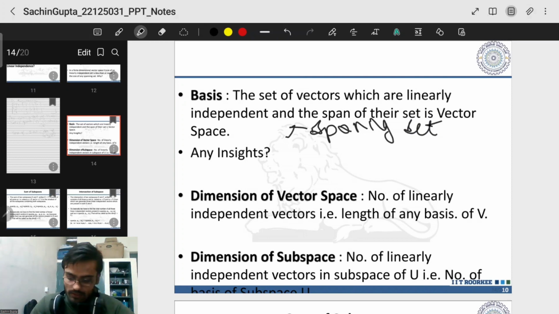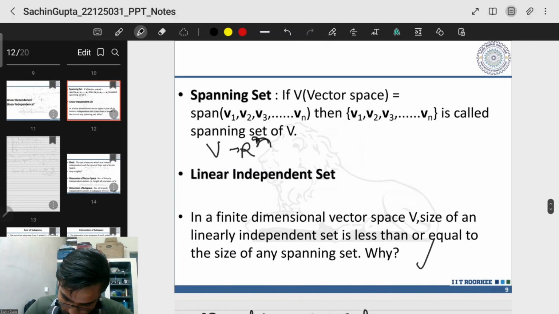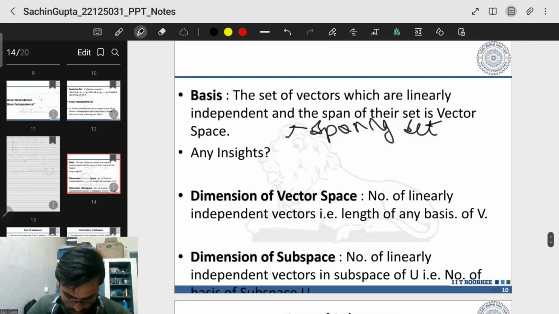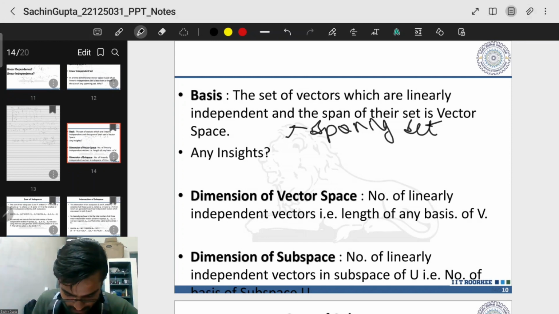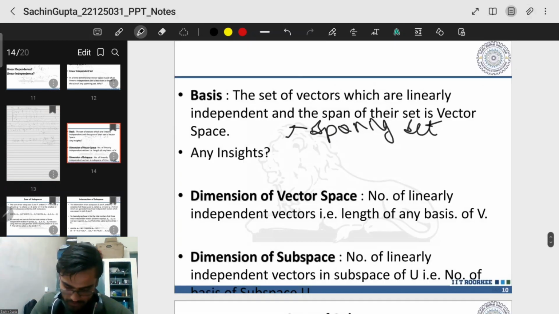Because the span of their set is a vector space, and what is the definition? A vector space is equal to the span of all those vectors. So for n dimensional, we must have n vectors, and those must all be linearly independent.